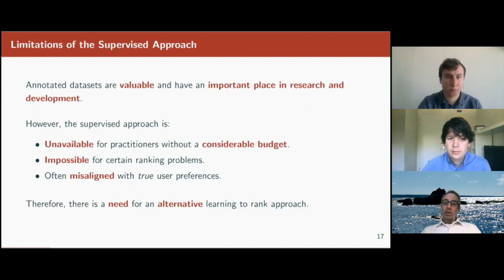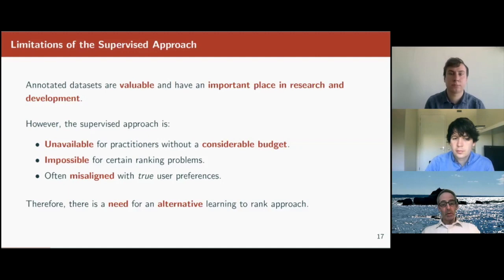And so they're valuable, these annotated data sets. They're extremely valuable. They help us in research, in innovation, in development. But you need a considerable budget to create them. You may not always be able to create them. And even if you are able to create them, then they may not be the right material to learn from, because they may be misaligned with the actual user preferences.